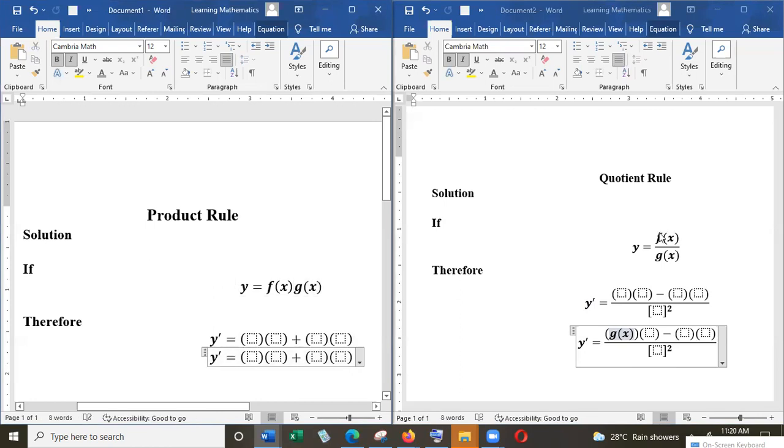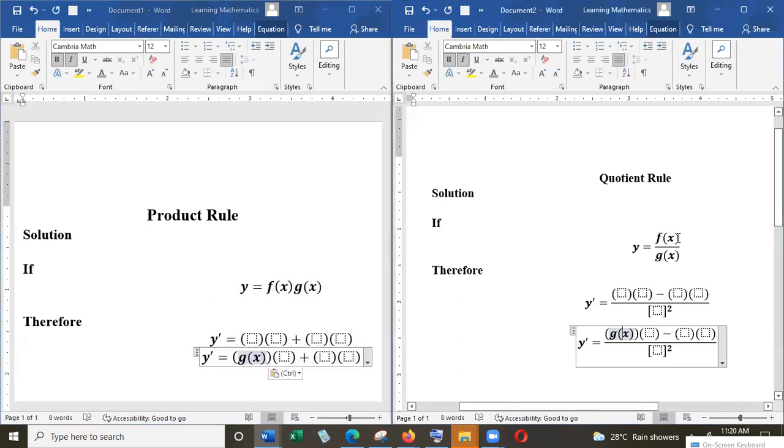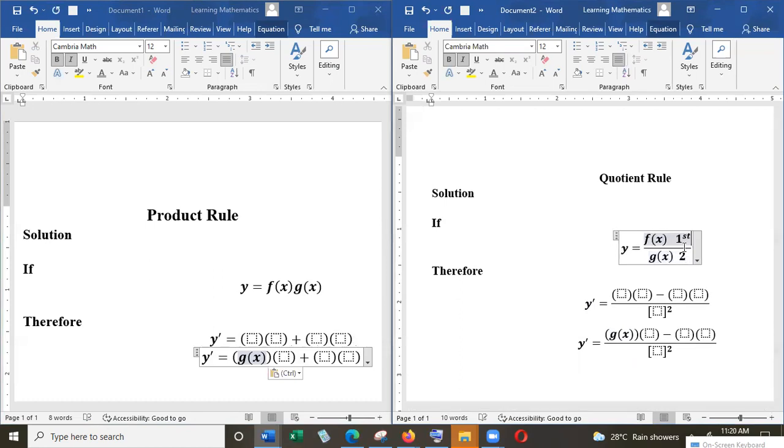We can call the top function the first function, and we can call the denominator function the second function.